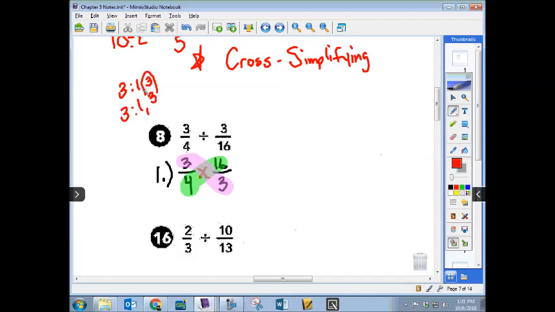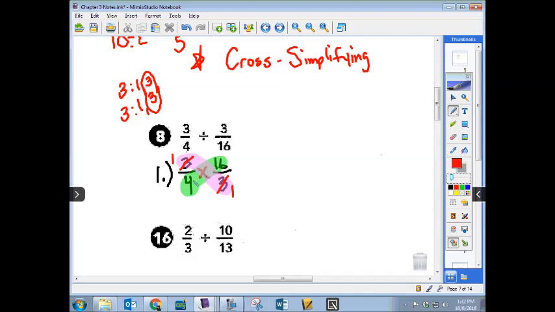So the largest factor they share is 3. So when you cross simplify, you are going to divide each of those diagonal numbers by 3 because they share that as a factor. 3 divided by 3 is 1. 3 divided by 3 is 1. Okay? 4 and 16, think about what factors they share. They share a 2 because they're even, but they share a 4.